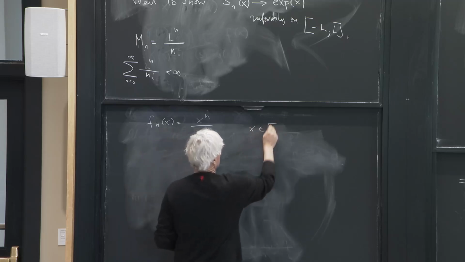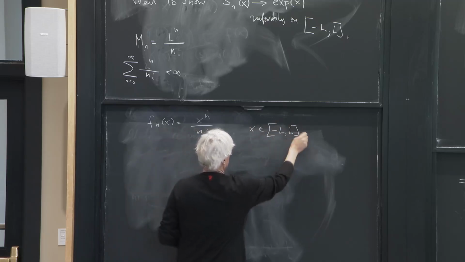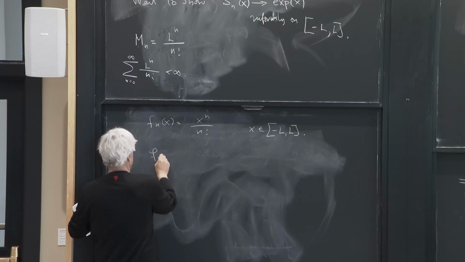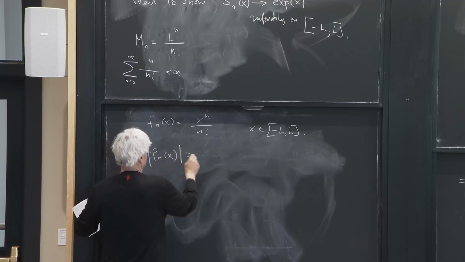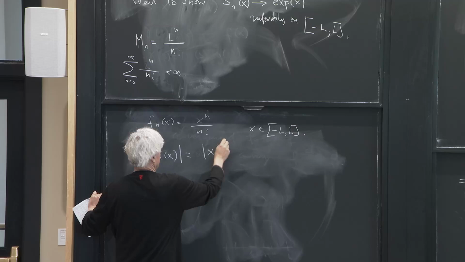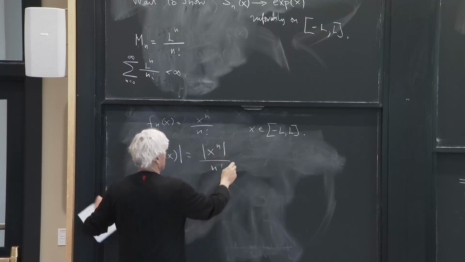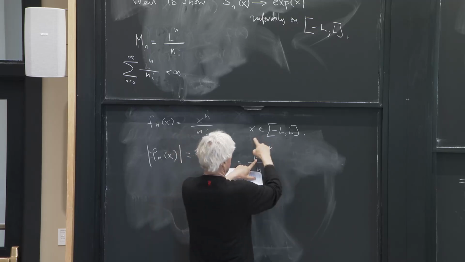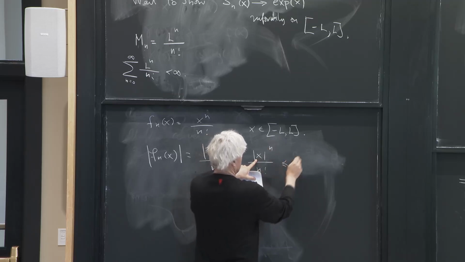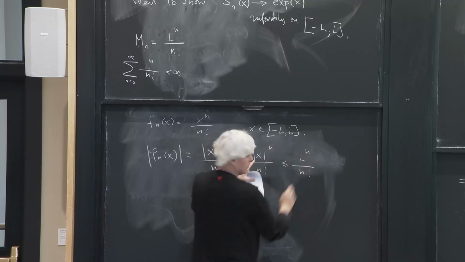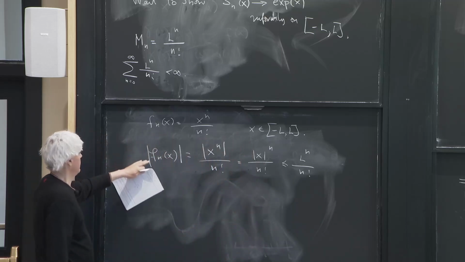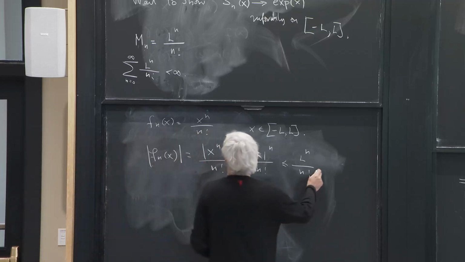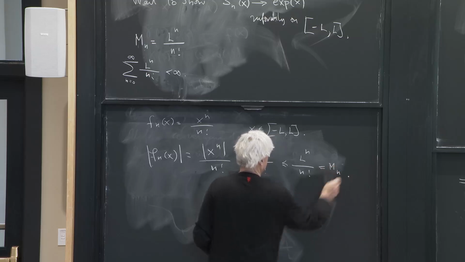Remember, x is in this bounded interval, so its absolute value is bounded by L. So the absolute value of fn of x is at most L^n over n factorial, which means this sequence is less than these Mn.